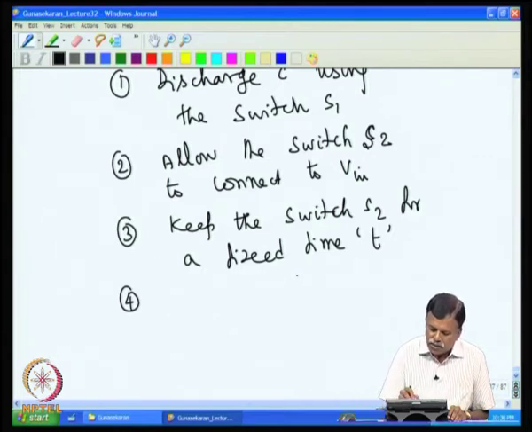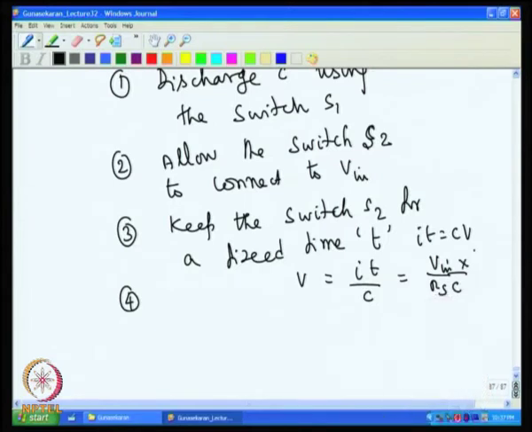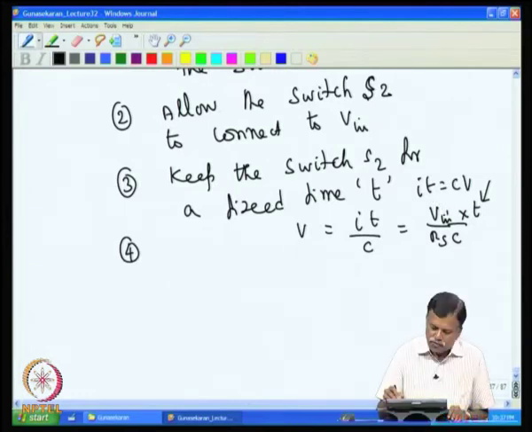It would have reached a voltage V, because the same equation IT is equal to CV we can use here, that would be IT divided by C, where I is given by V in by RS, into T. Since the time t is fixed here, it will reach a certain amount of voltage V depending upon the input voltage V in. If the input voltage is more, then you would have got more voltage in the given time.